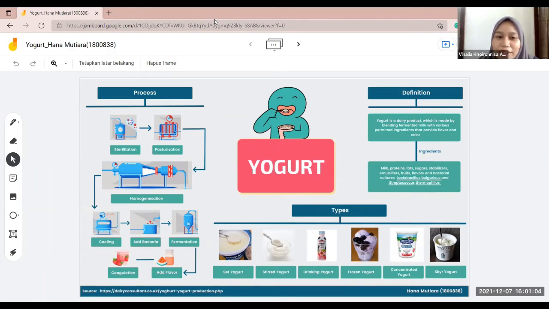If I'm not misheard, previously you explained that the fat content must be standardized first while making yogurt, right? So I want to know the reason. Why must the fat content be standardized first? That's my question. Thank you.